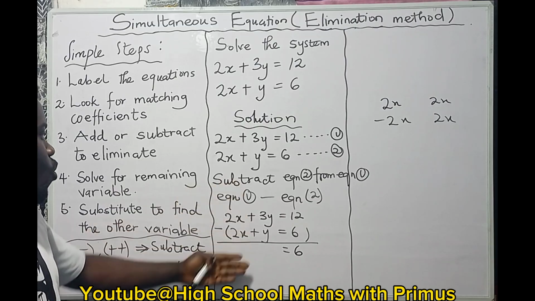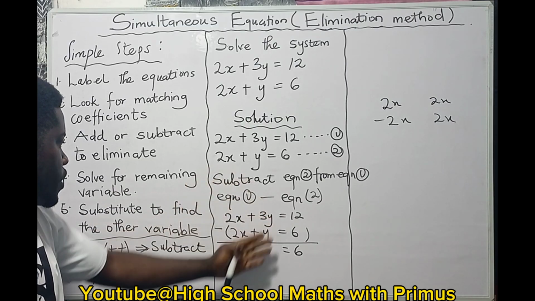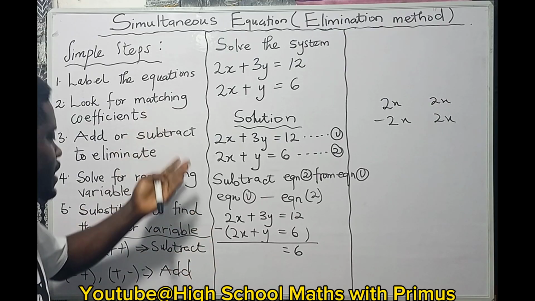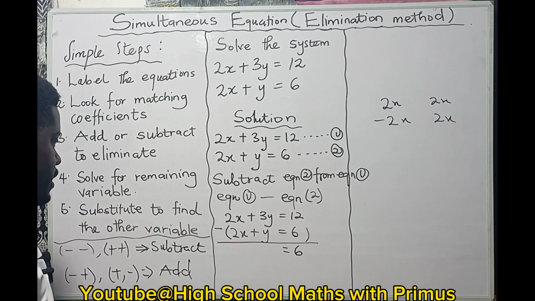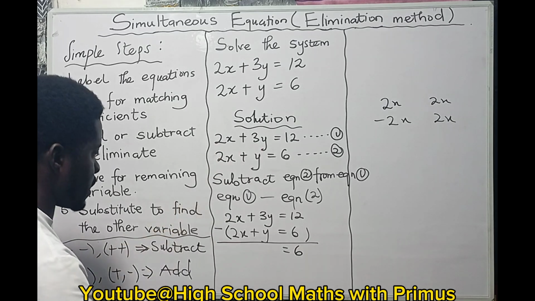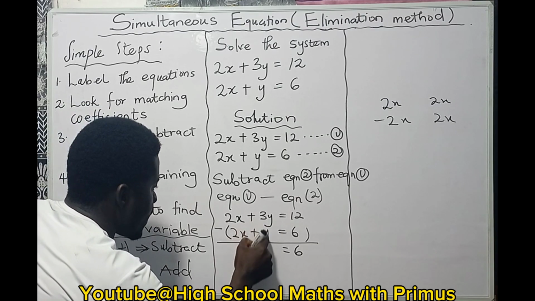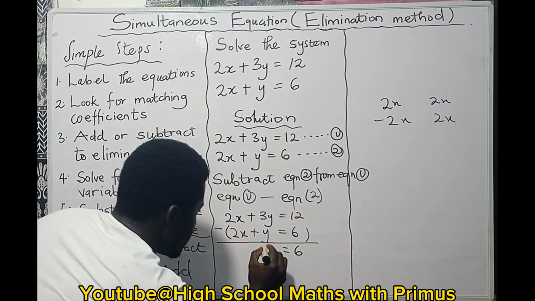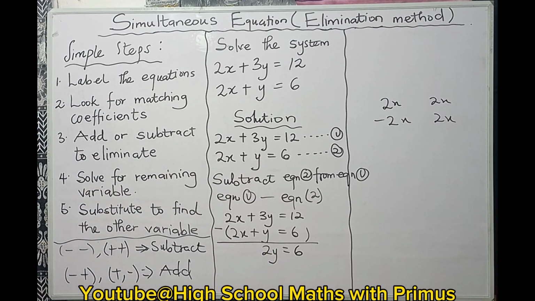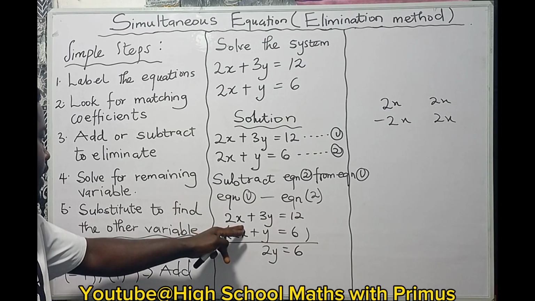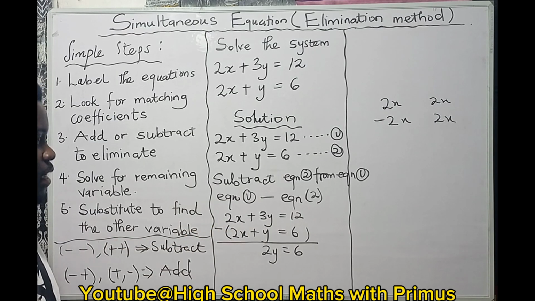Remember that the goal of doing all this is to eliminate one variable, which we have decided to eliminate the x because of the conditions they satisfy. Now 3y minus y is giving me 2y. We come here, 2x minus another 2x, and you know it is definitely going to be 0.